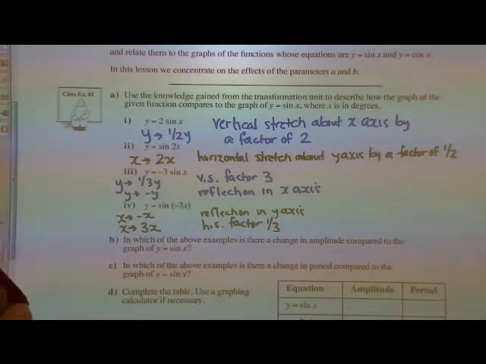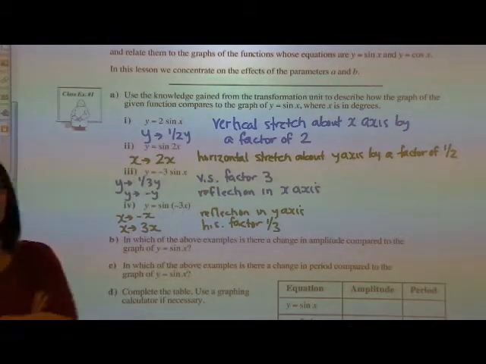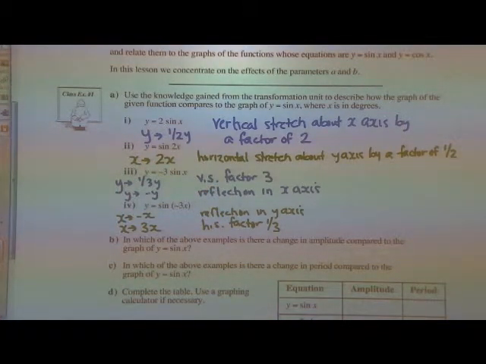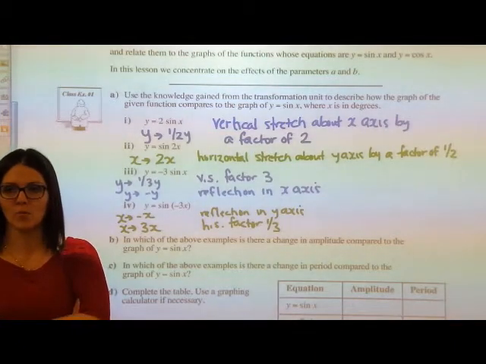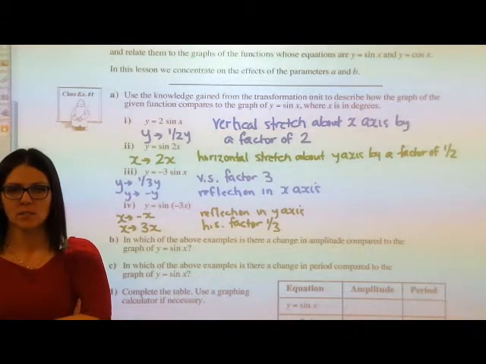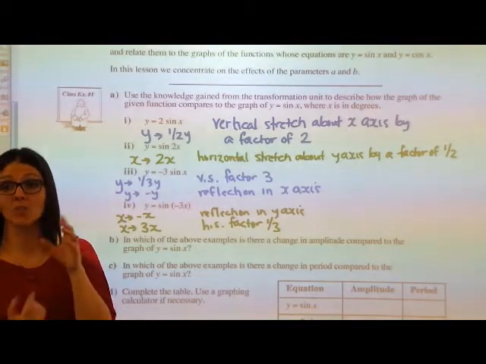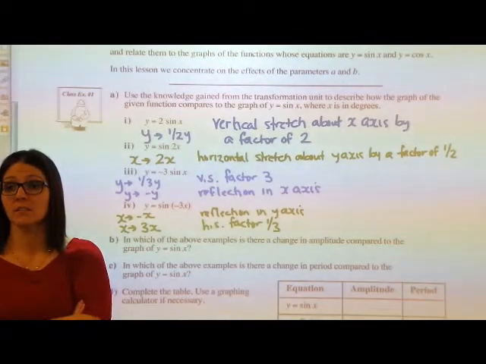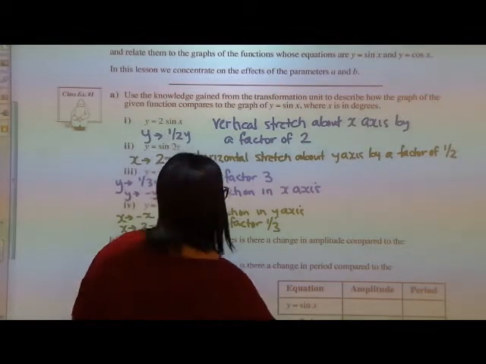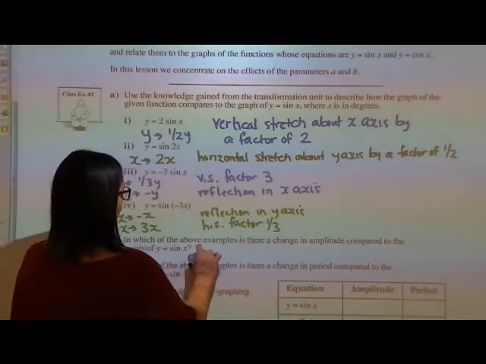Which of these values, the vertical stretches or the horizontal stretches, are going to impact the amplitude of my graph? Remember what amplitude was? It's the minimum and the max. So what's going to affect the min and the max? The vertical stretches. So that's 1 and 3.